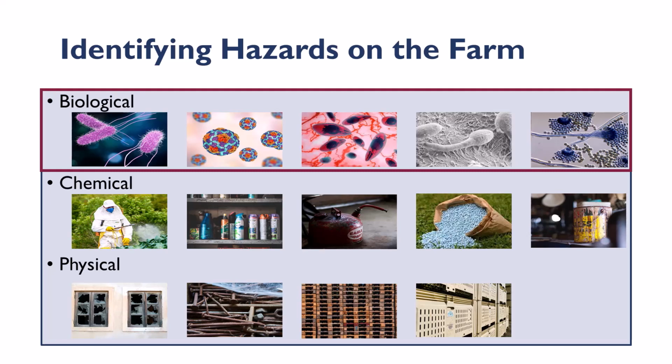Chemical hazards include household cleaning products, sanitizers, lubricants, paints, petroleum products, bulk fertilizers, and pesticides. Physical hazards include organic debris, nails, screws, staples, metal, glass, wood, and plastics. Biological hazards pose the greatest concern because of human pathogens, which are microorganisms that cause disease or illness in people.